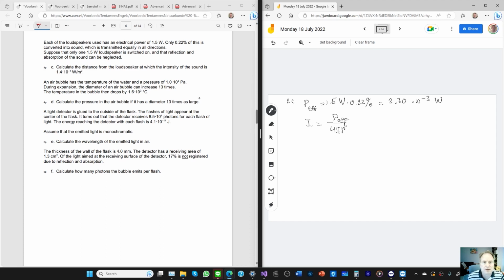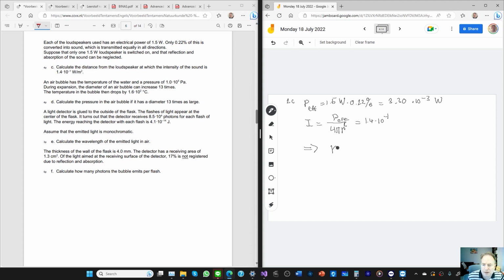And they want this to be equal to 1.4 times 10 to the power minus 1. So this I is given, we know the effective power, so we can just solve for r here.